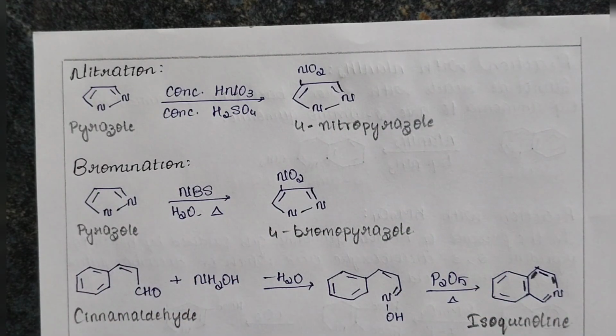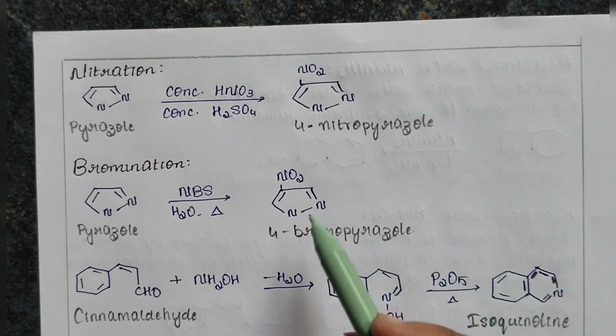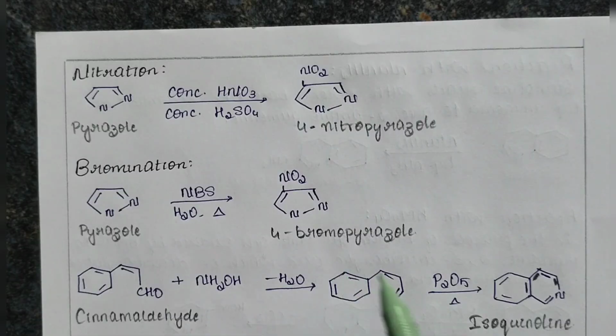Next is bromination. When pyrazole reacts with NBS in presence of water and heat, it yields us 4-bromopyrazole. So nitration and bromination both can be asked in a single question, to write how 4-nitropyrazole or how 4-bromopyrazole is obtained, each for 2 marks.